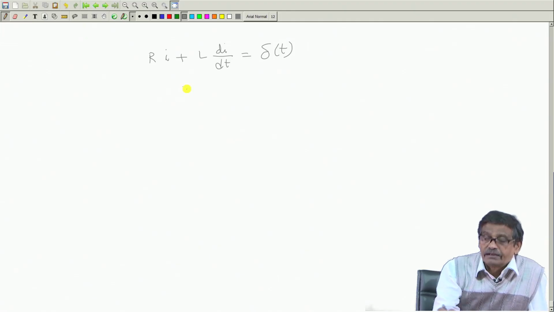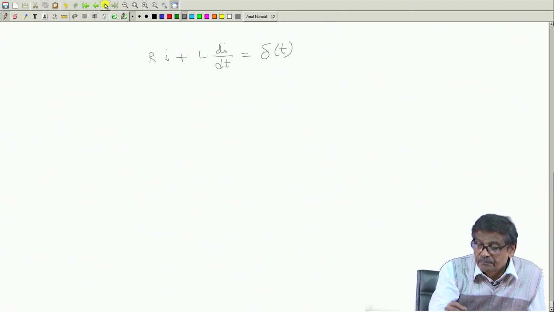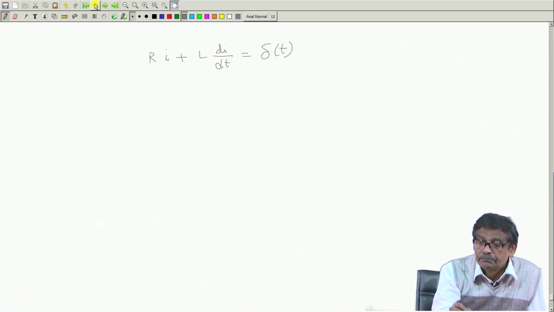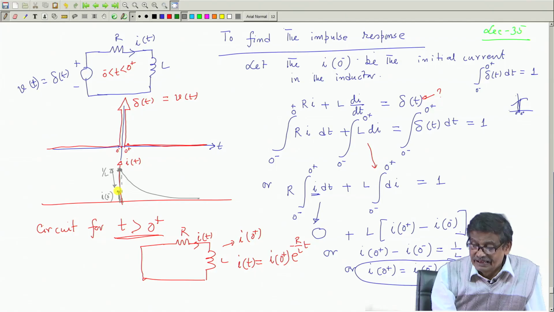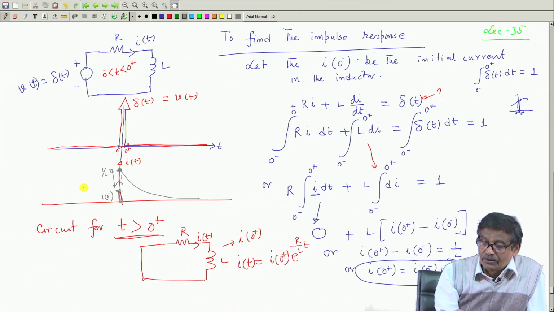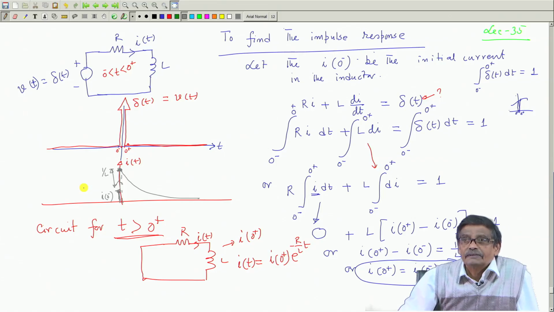The response of the current here has taken place in the previous. Here is a step jump from this to this, by whatever amount that will be caused by this impulse. That is what this equation tells me.